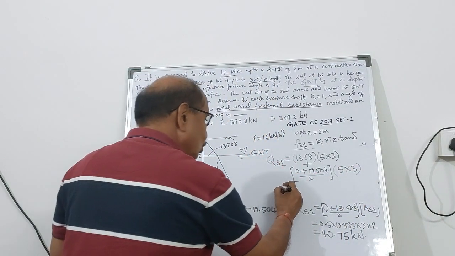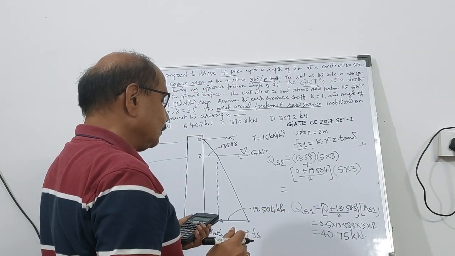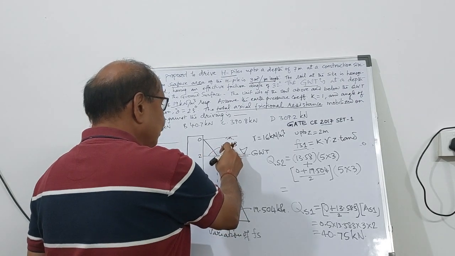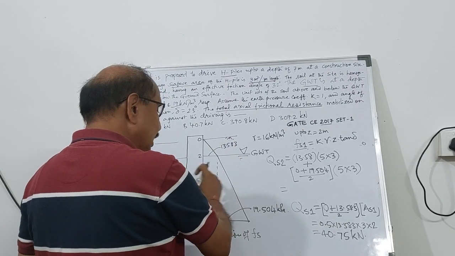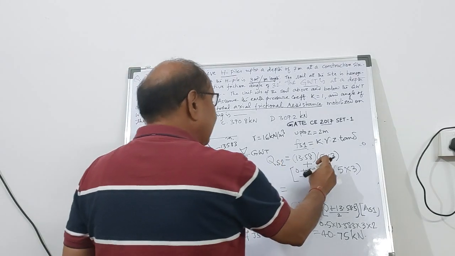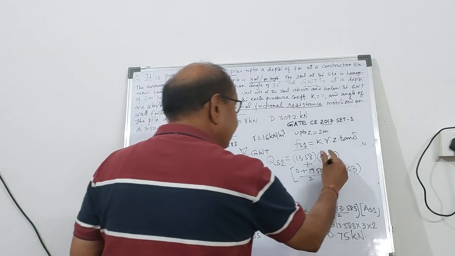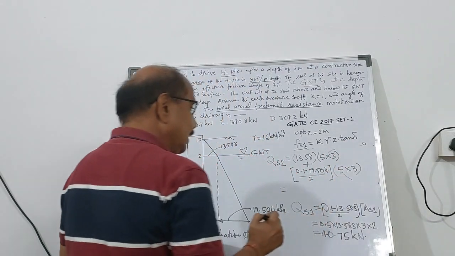So you have to multiply this Fs value with the surface area.